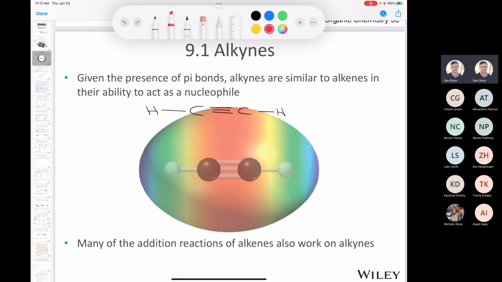Therefore, we can see that most of the electron density resides between the two carbon atoms, and that makes sense. We have a triple bond in there. We have a total of 6 electrons being shared between the two carbon atoms. And so since we have those 2 pi bonds between the two carbon atoms, that gives alkynes the ability to behave as nucleophiles.